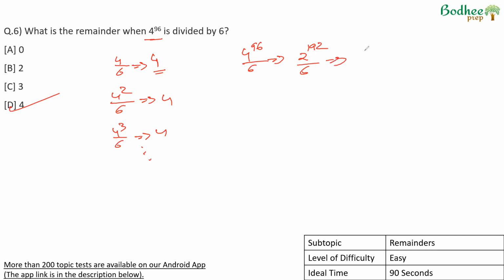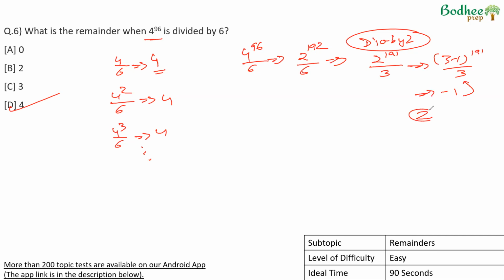Divide by 2 on both sides. Since we are dividing by 2, we will again multiply by 2 for the answer. This becomes 2 raised to power 191 by 3. 2 raised to power 191 is nothing but 3 minus 1 raised to power 191 by 3. So the remainder will be minus 1, or 3 minus 1, which is 2.